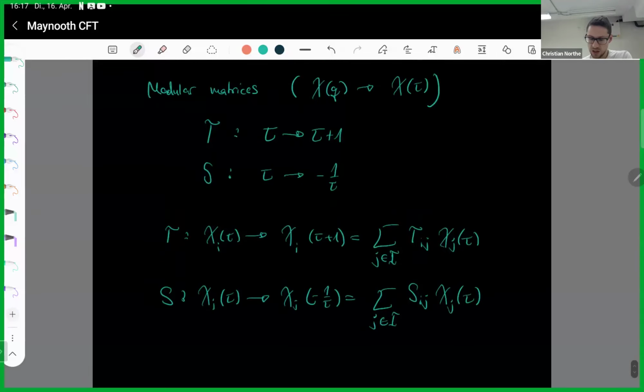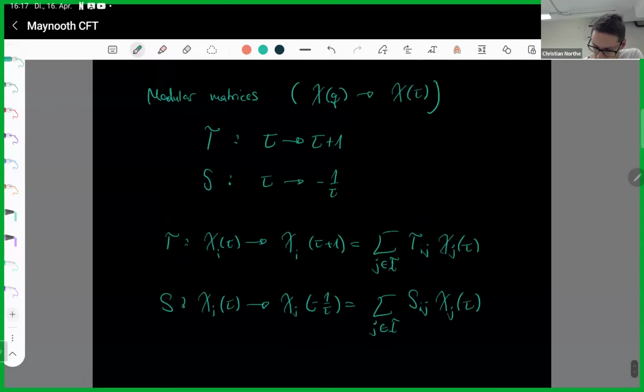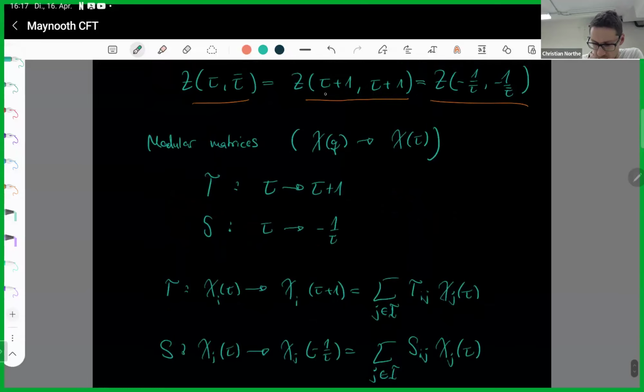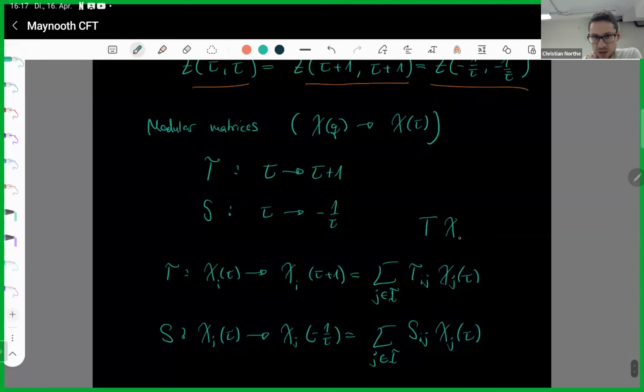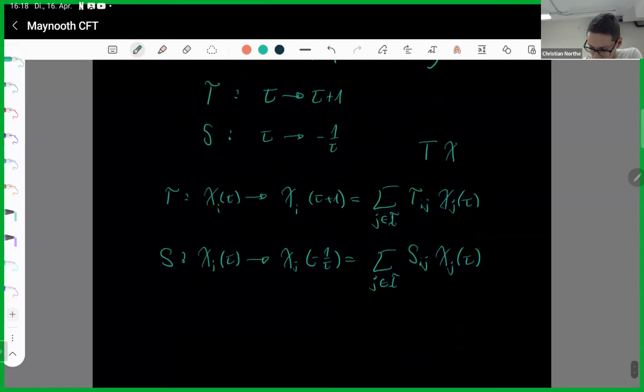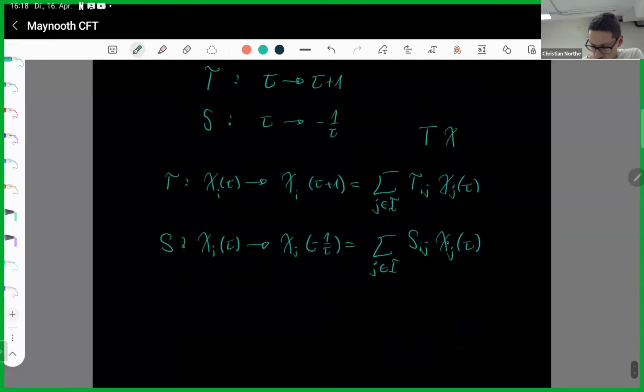And so here what you see is that these operations, sending tau to tau plus 1, take a character and reshuffle it in terms of characters evaluated at tau, but multiplied by some matrix. So this is basically just like a matrix T acting on a vector chi, if you think of I as vector indices. And that's what these do.